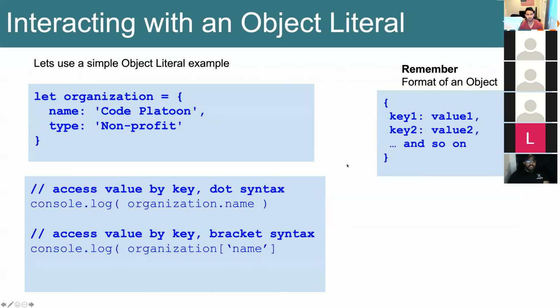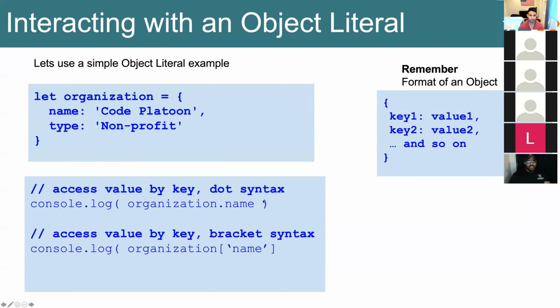So there's two different ways that we can interact with an object literal. Here's an example of an object, an organization that has the name Code Platoon. We can access it with either a dot or a bracket. I take the name of the object, organization, use a dot, then the name of the key I wish to access.